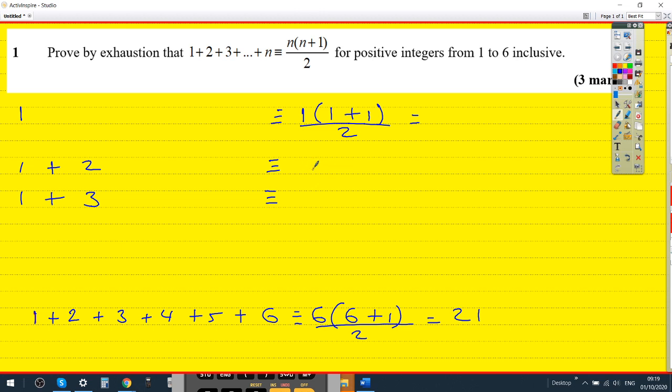So for the second one, I do 2 times 2 plus 1 over 2, and I got 3.